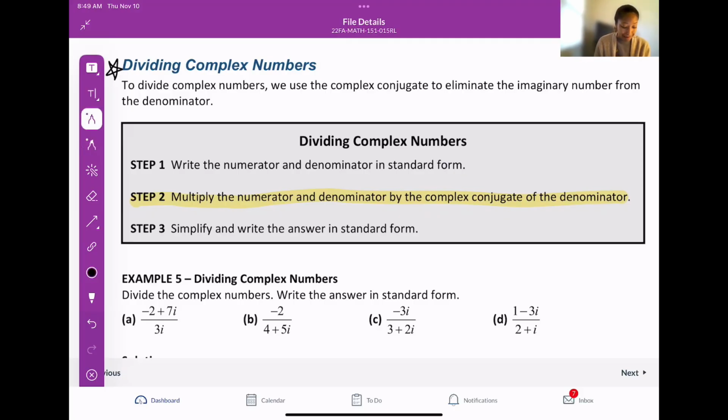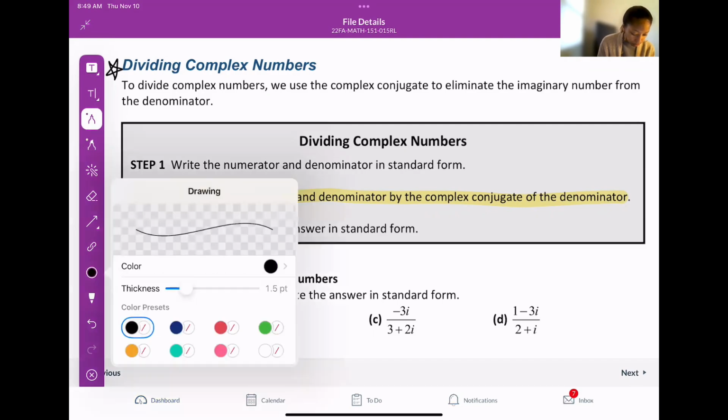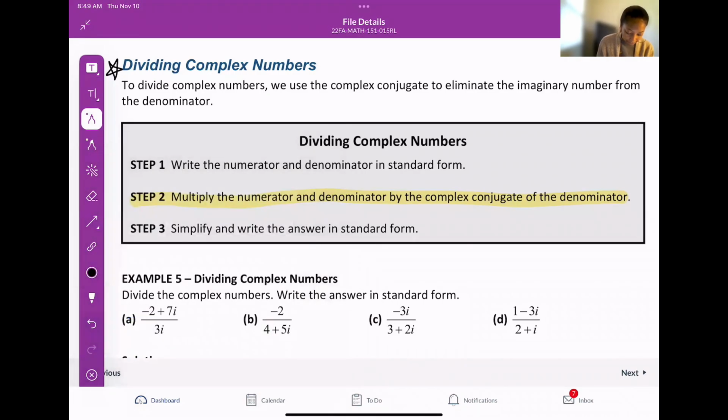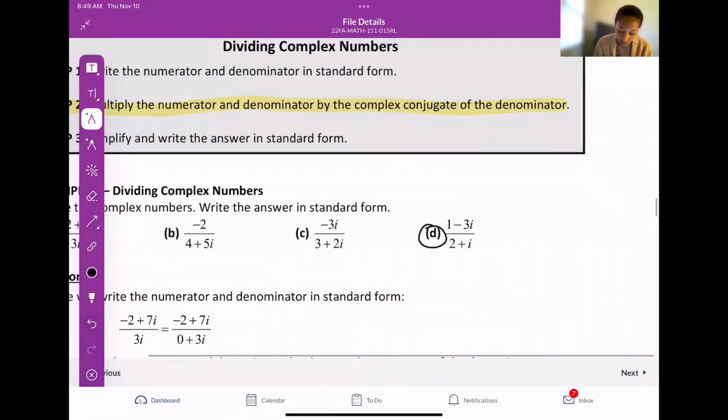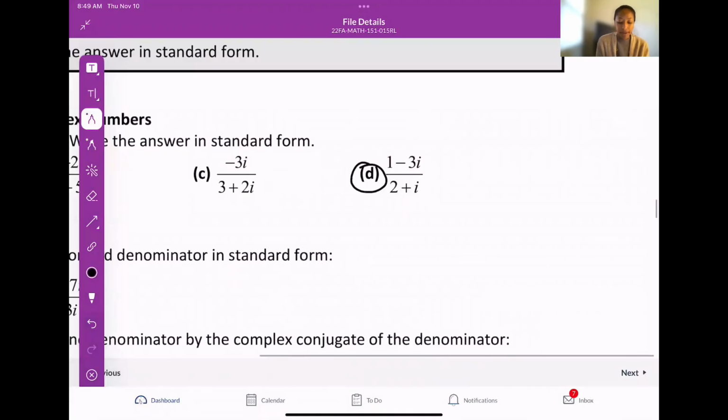All right, let's just do one example here, and then we'll jump into the other practice problems at the bottom. I'll do the hardest one here. Let's do D. All right, so for problem D, we have 1 minus 3i over 2 plus i.